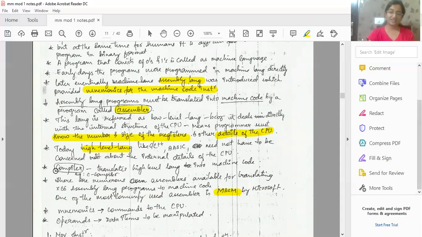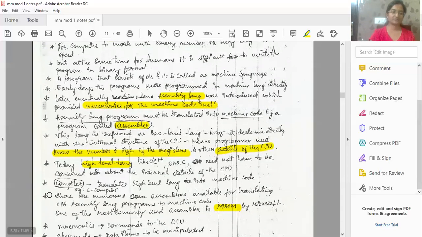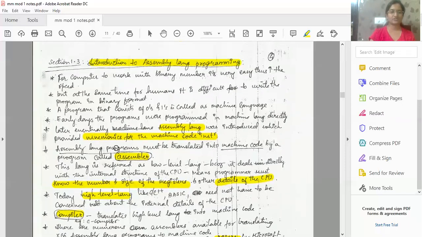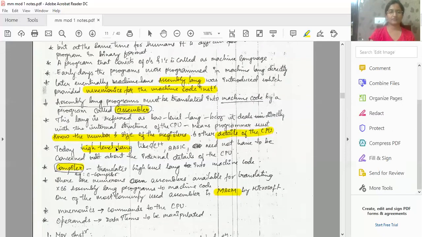In order to convert these high level languages into machine code, in terms of zeros and ones, so that your system will understand, we used compilers. I hope this is clear, because we have seen the basics of assembler, compiler, high level language and low level language in detail in 8085.